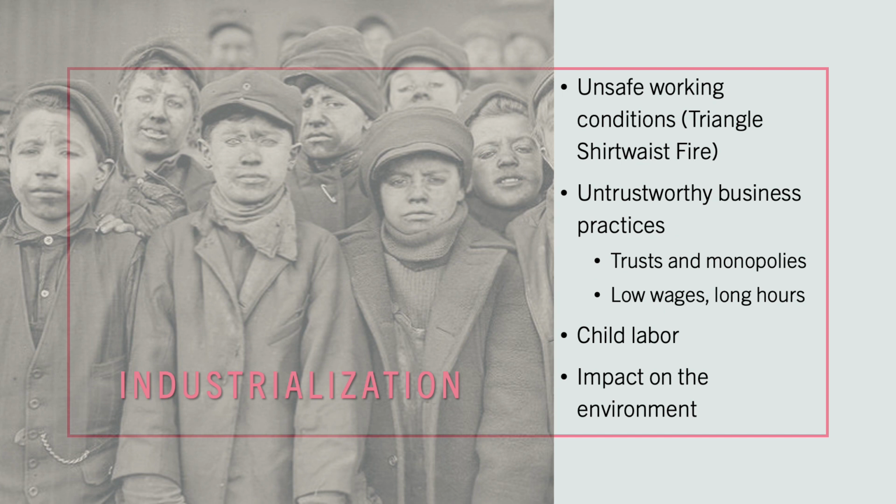So let's talk about industrialization again for a moment. Remember, this was the first time in our history that the United States dealt with business on a nationwide scale, so it was all uncharted territory. One of the biggest problems facing Americans during industrialization were unsafe working conditions. There were no regulations determining what was considered an acceptable work environment, so companies could do things like lock workers in so that they couldn't take unscheduled breaks.